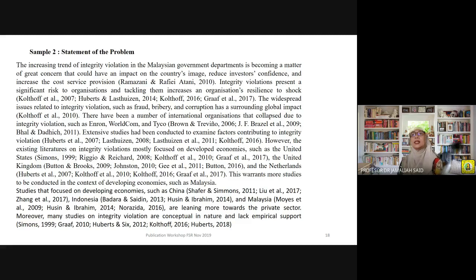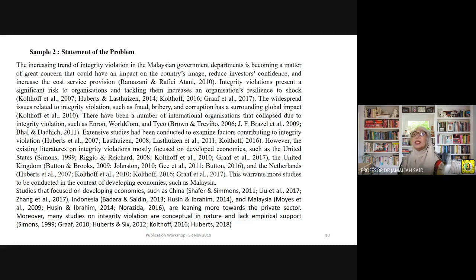The increasing trend of integrity violation in Malaysian government departments is becoming a matter of great concern that could have an impact on the country's image, reduce investors' confidence, and increase the cost of service provision. He mentioned a few authors who argue on this. Integrity violation presents a significant risk to organizations, and tackling them increases organizational resilience.